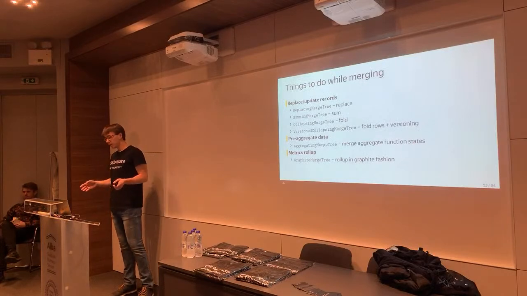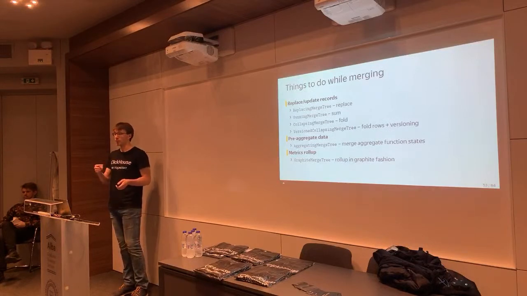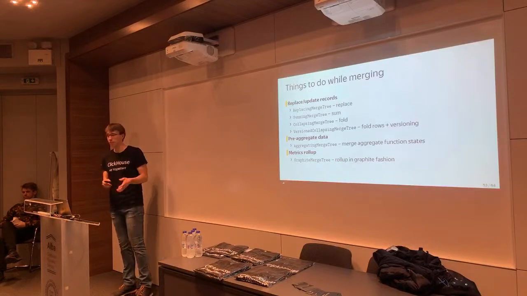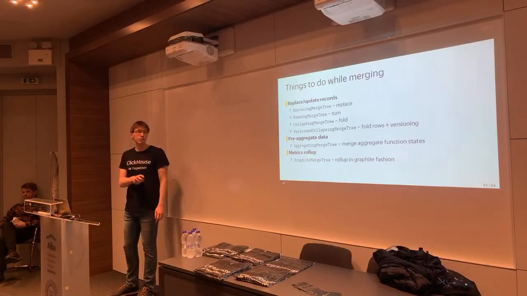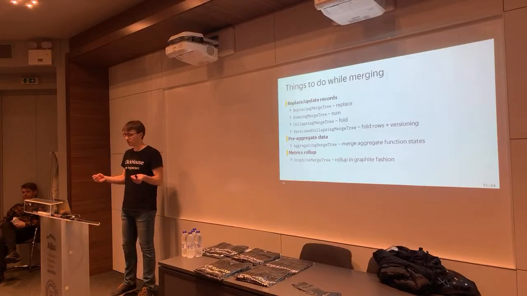So, if you want to perform some additional operations during merge, for example, you want to have just one record with a single primary key value, not multiple, you can use, in this case, ReplacingMergeTree, which during merge will eliminate the rows with equal values of primary key, and only one record will remain.